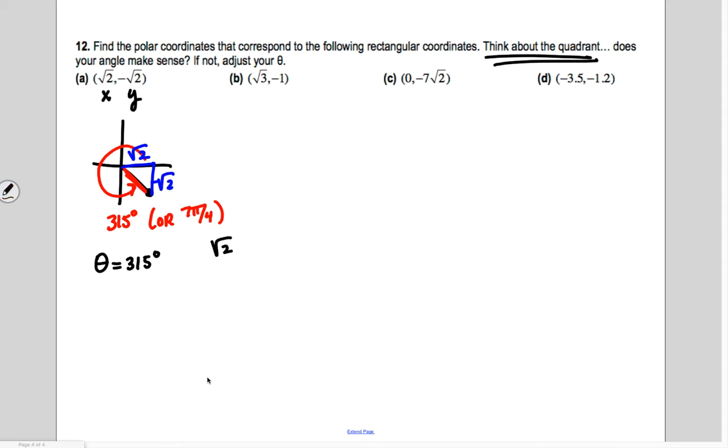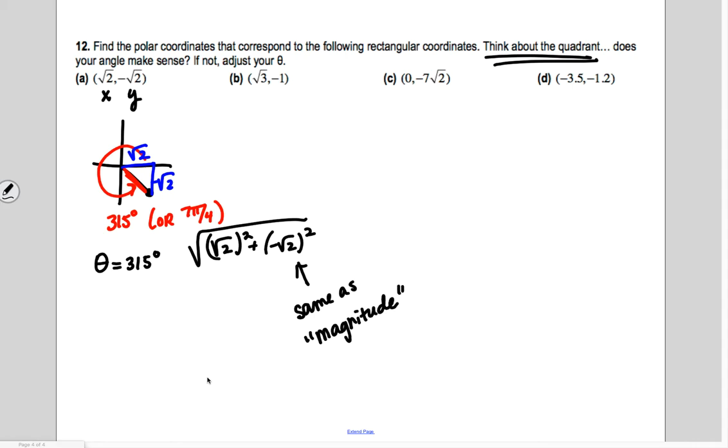So we're going to do the square root of root 2 squared plus negative root 2 squared, just lots of square roots. It was the same thing as the magnitude. Magnitude was just the length of a vector, and that's what we're doing. We're finding the magnitude, how far out we go, the radius.